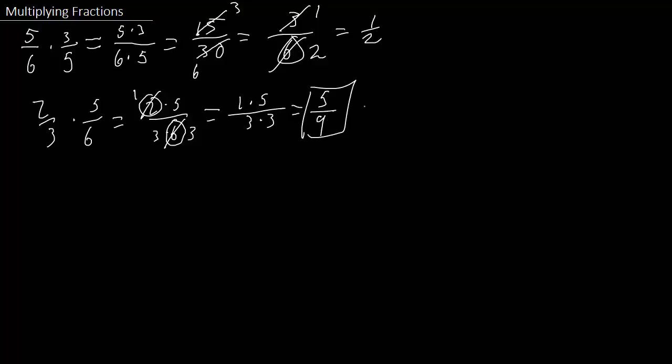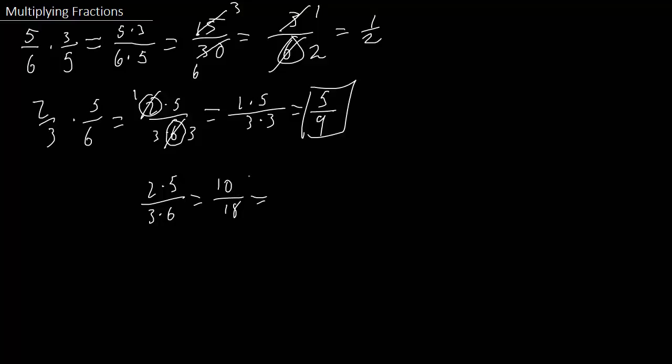Okay, now let's do that problem again, but let's not reduce, and let's just multiply across. So we had originally 2 times 5, and 3 times 6. Okay, so 2 times 5 is 10, and 3 times 6 is 18. Okay, so it looks like this can be reduced because it's even.